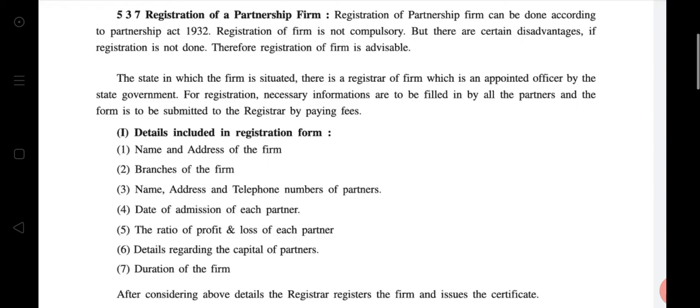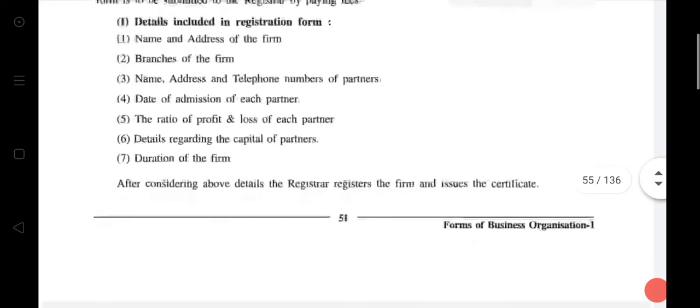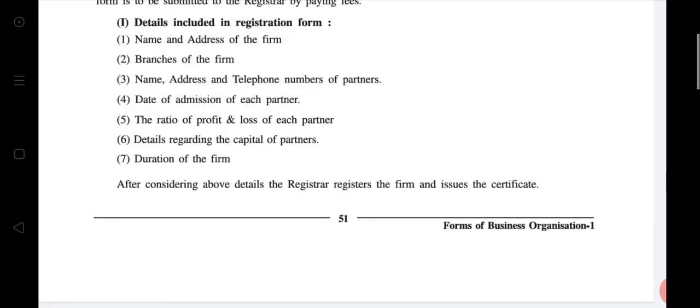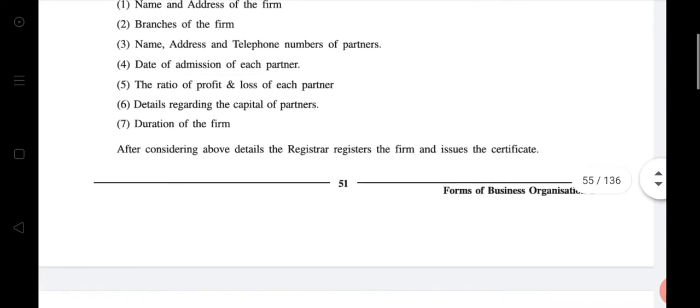So just read it. Just read the details. Name and address, branches of firm. Then for partners, name, address, telephone number, date of admission, ratio of P&L, then details regarding the capital and duration. Okay, done.